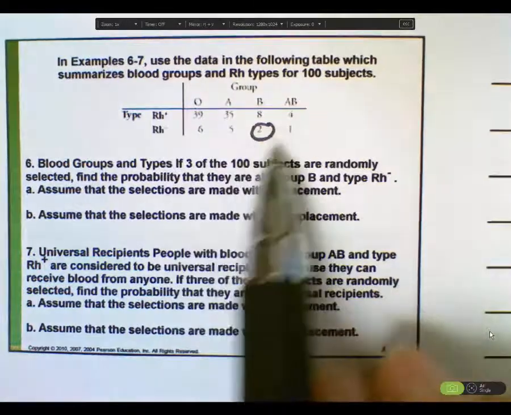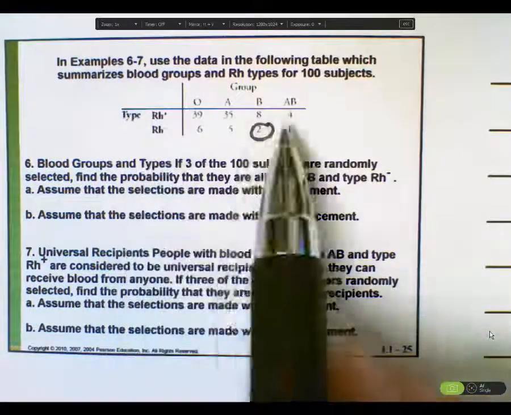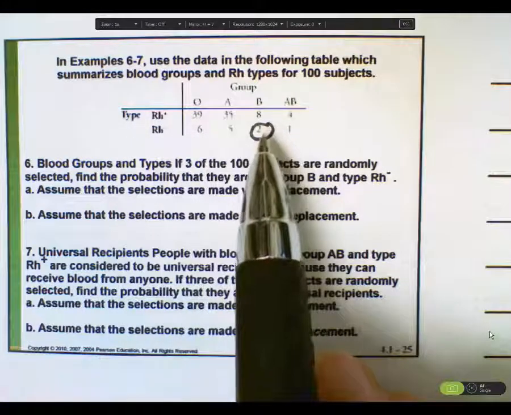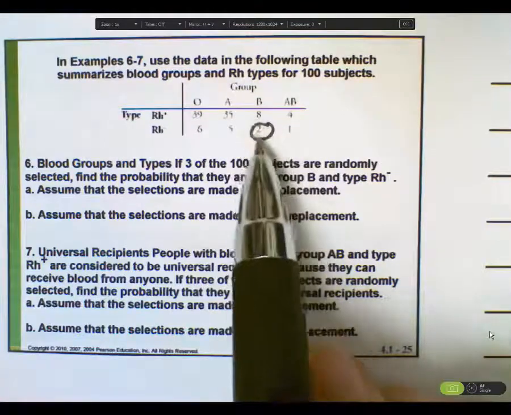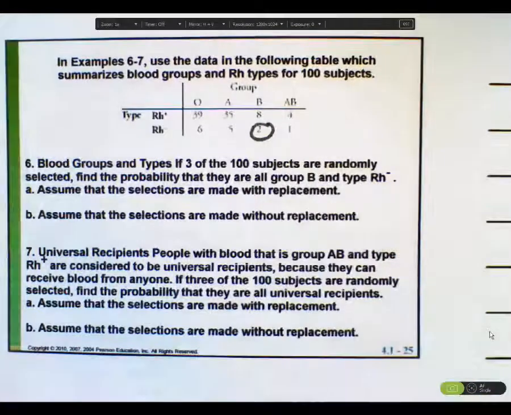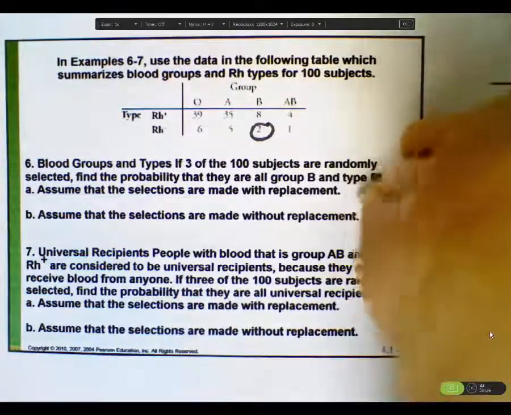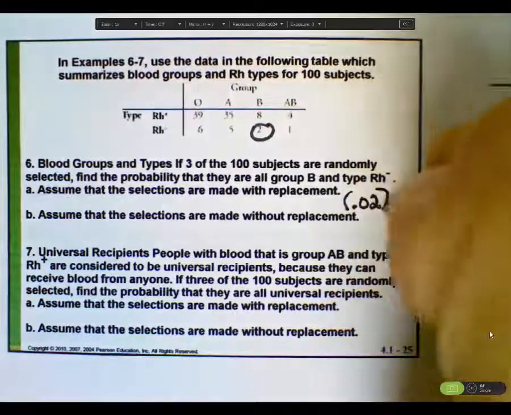Well, I've circled the 2 people who were in group B column and Rh negative row. So the probability that the first person is group B and Rh negative is 2 out of the total 100. 2 out of 100 is 0.02.